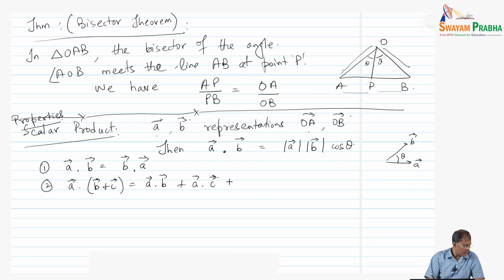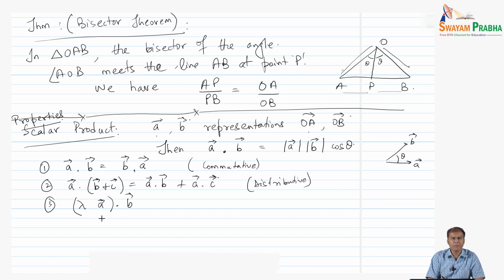Right? So the first one is my commutative law, and then the second one is distributive law. Okay. So then what I have is lambda times A dot with B. So that is, I should write as follows. The bracket should come here.